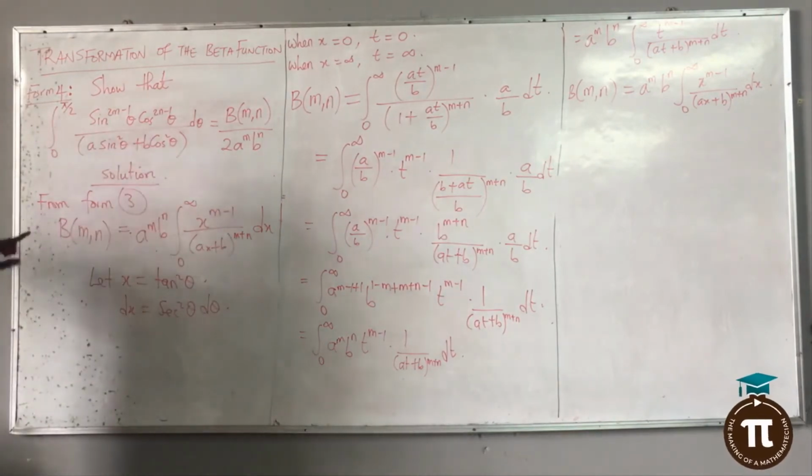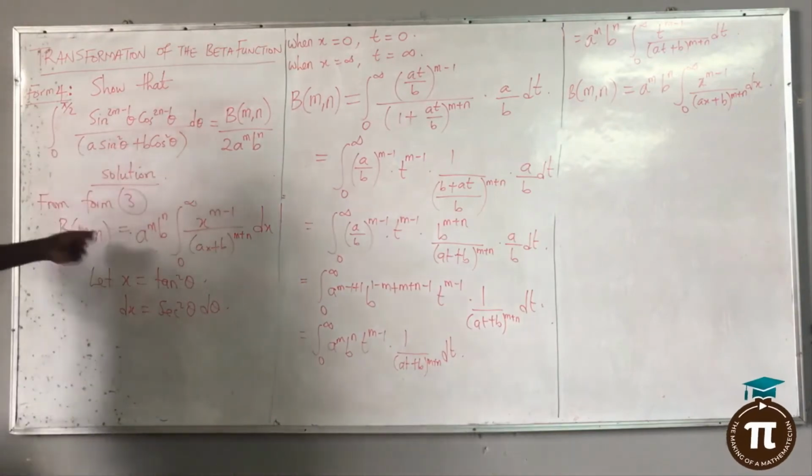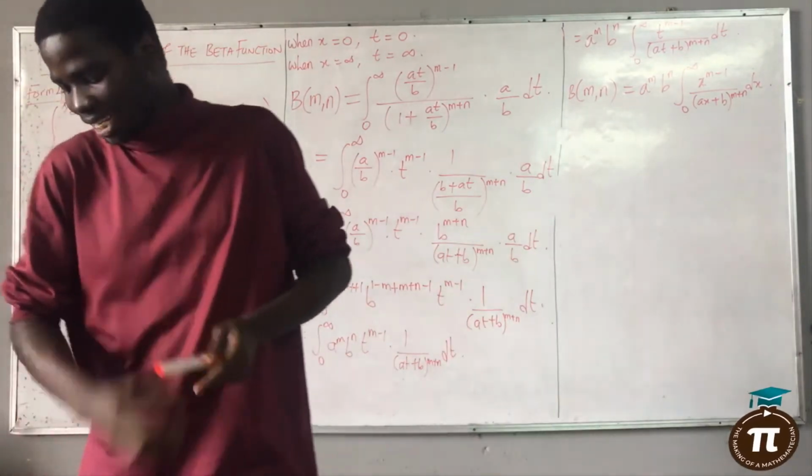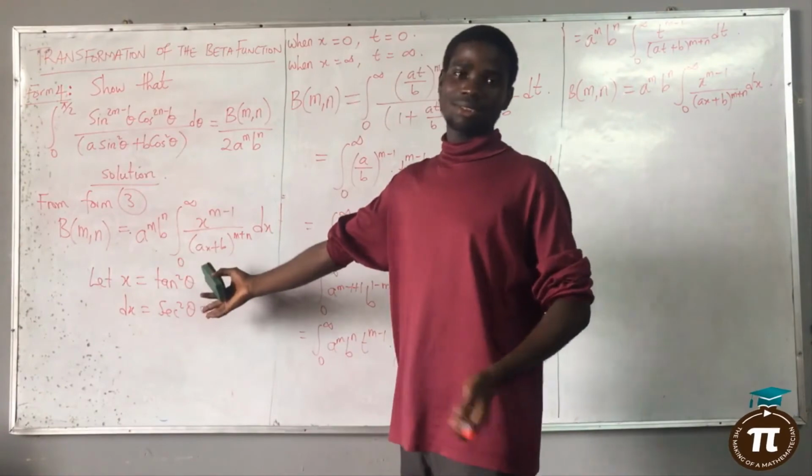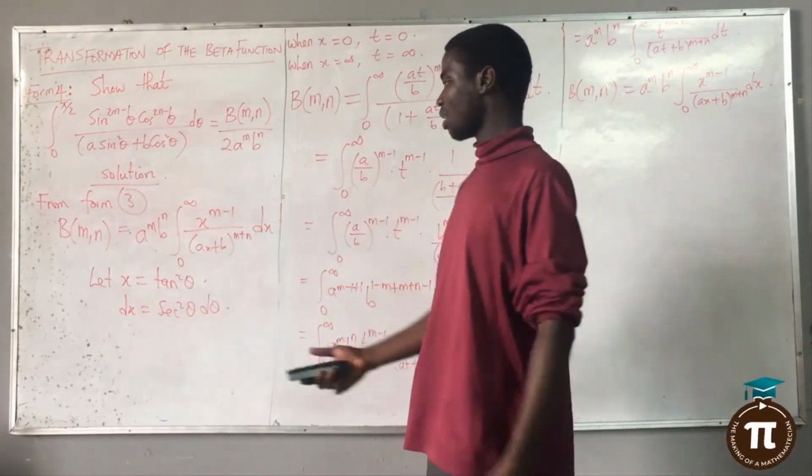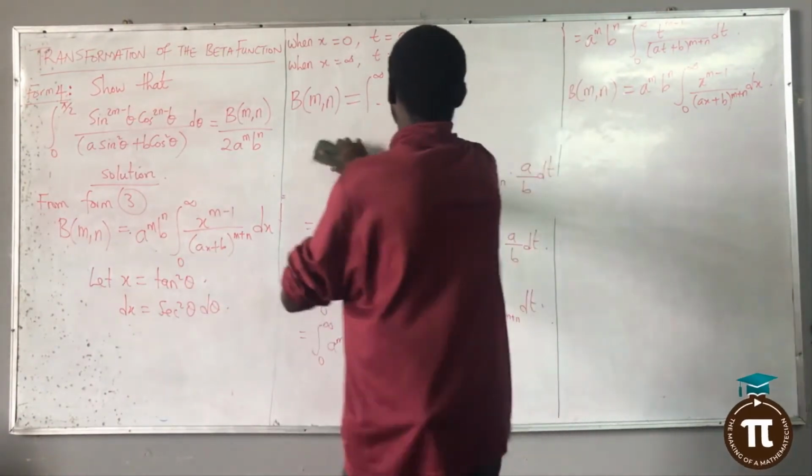theta. So when x is 0, theta will be 0, and when x is infinity, arctan of infinity will be pi over 2. That's 90.